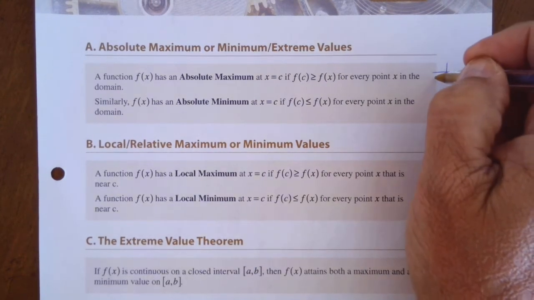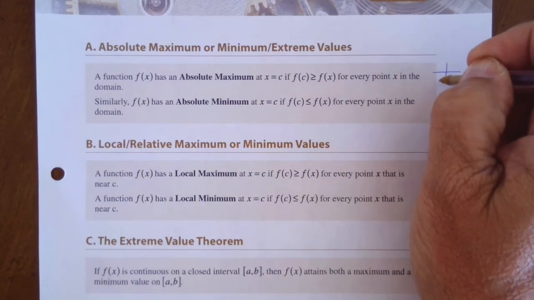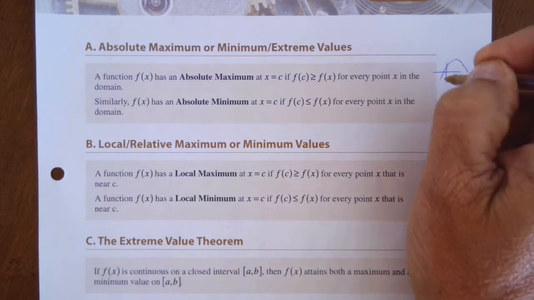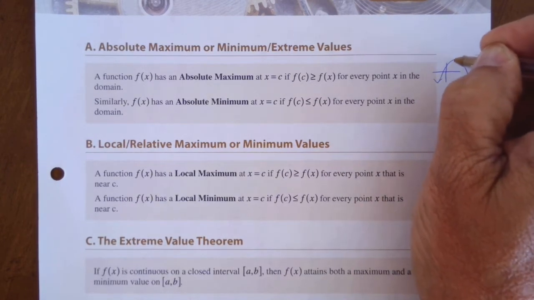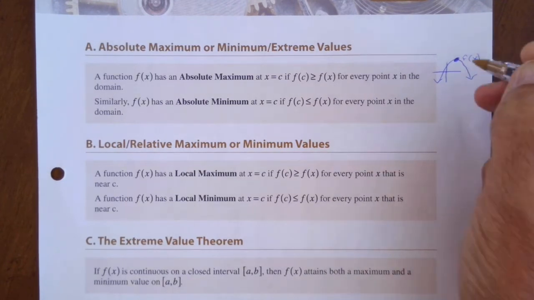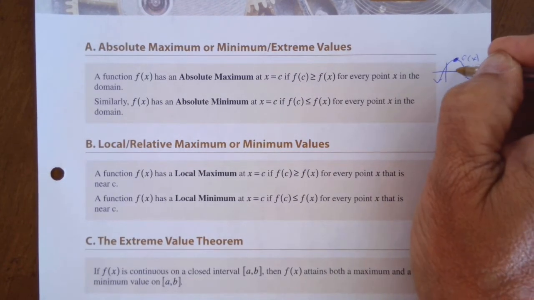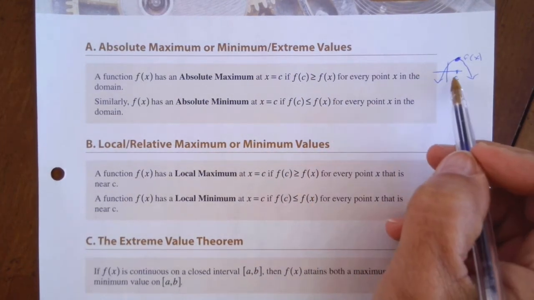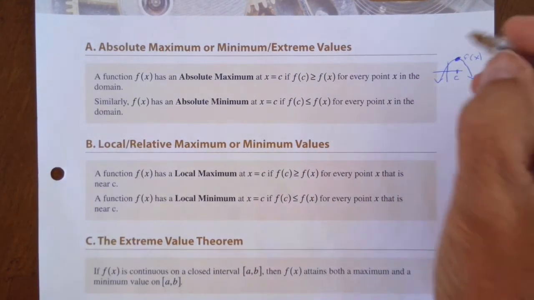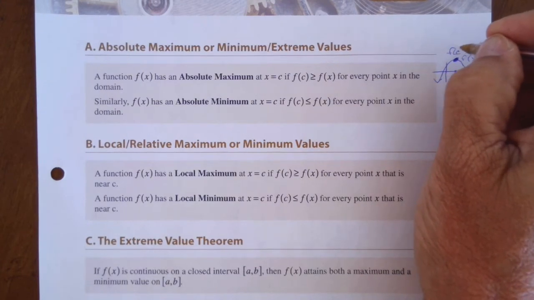Let's say I give you this parabola. Here's function f of x, and then there's the maximum. So whatever this c value is, this is what this definition says. Here's c, x equals c, and then here's f of c. That's the y value.